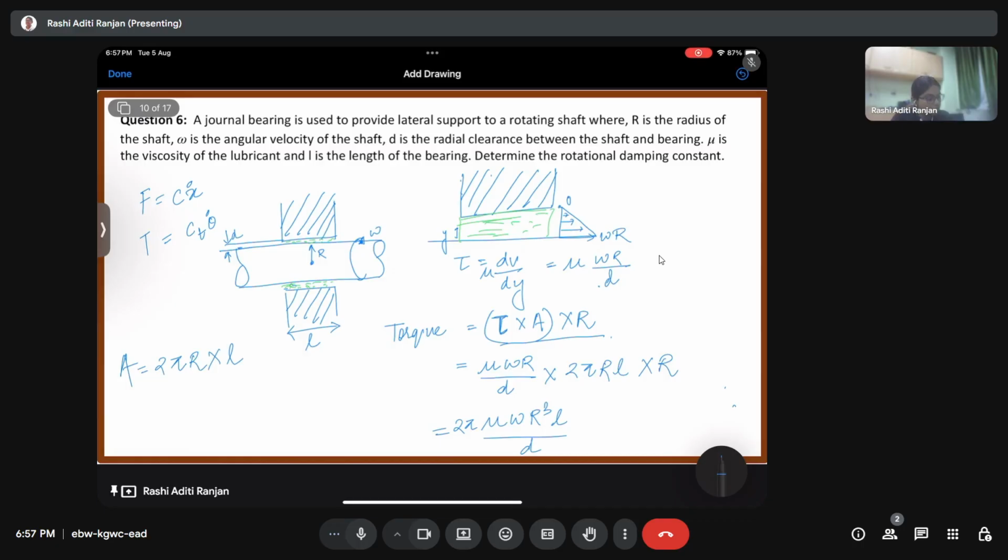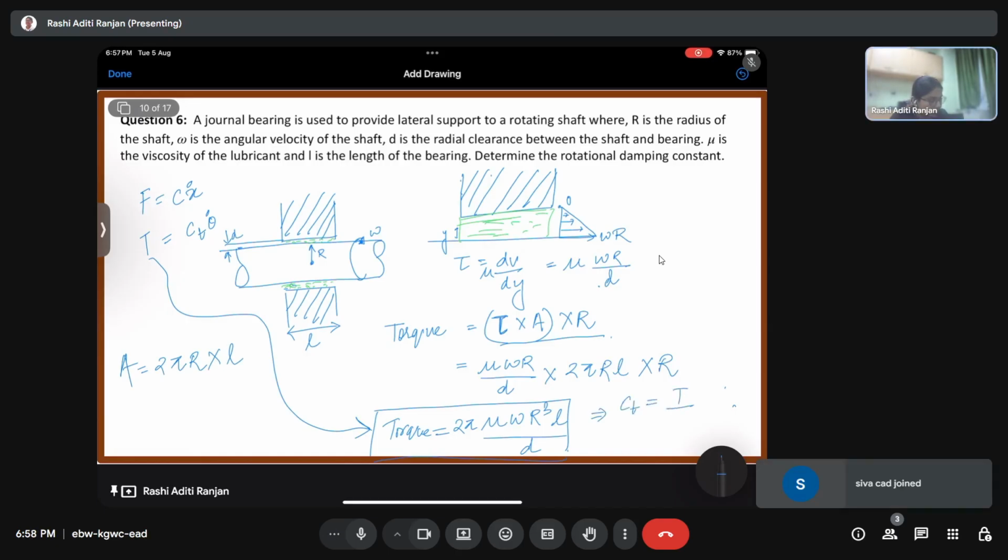Okay, this is the torque. Now, if I relate this with this equation, what am I going to get? Nothing but Ct is nothing but P by omega.